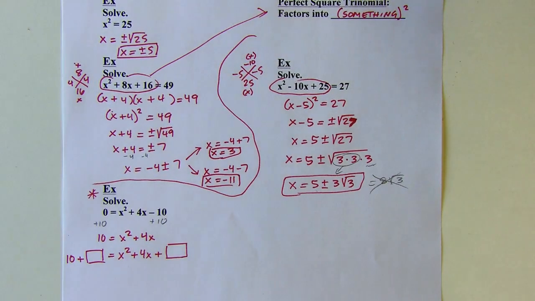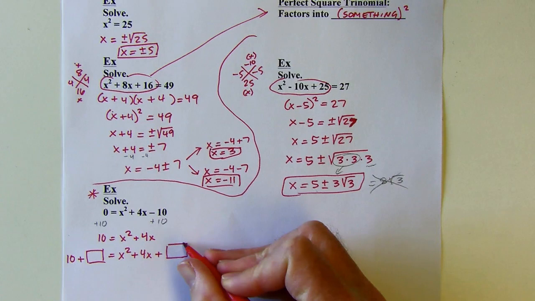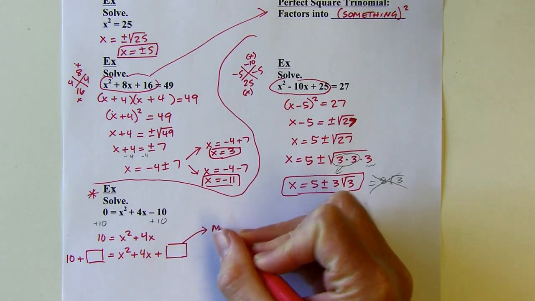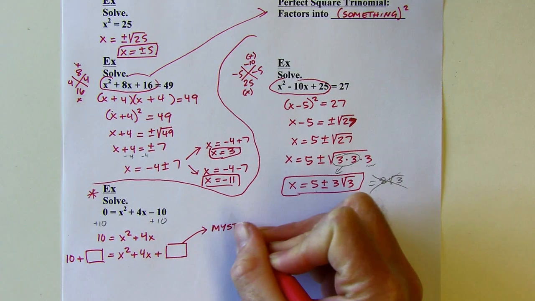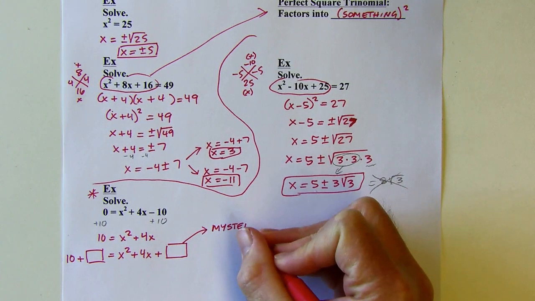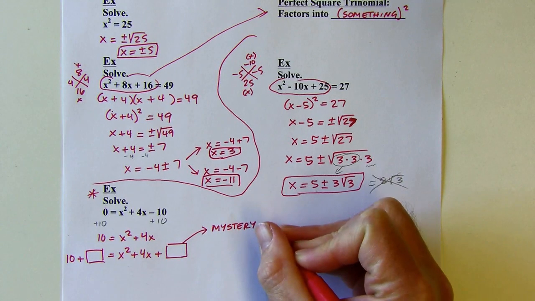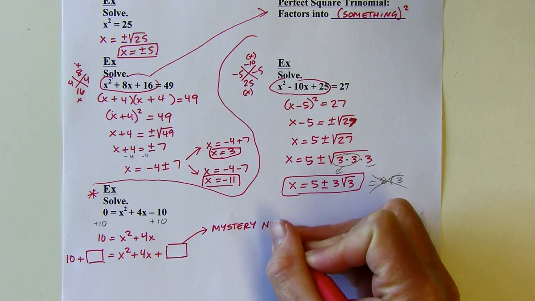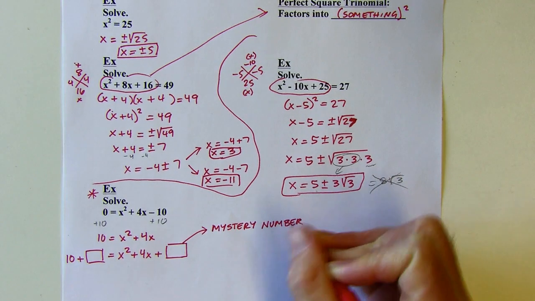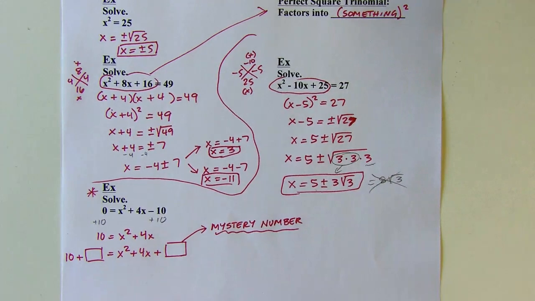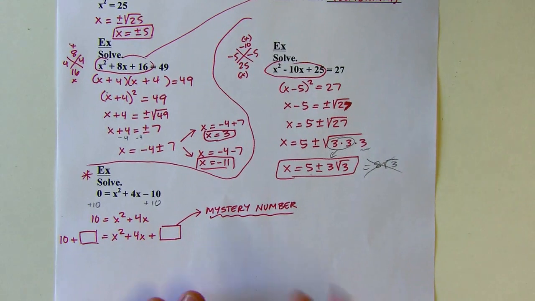Okay? So I call this the mystery number. It's going to be the number that creates a perfect square trinomial. And that's just my own name for that, and you're not going to see that in that math book, but that's what I'm going to refer to it as.